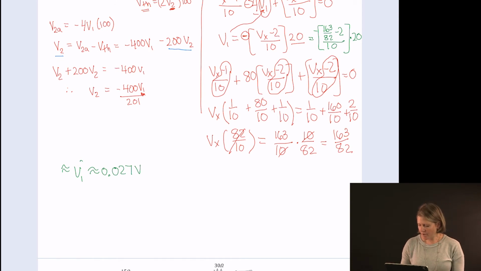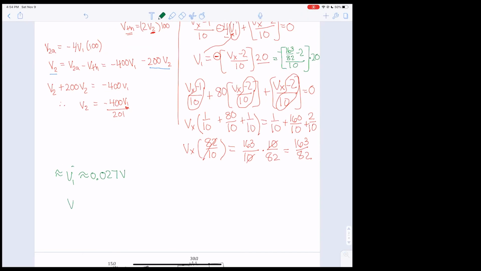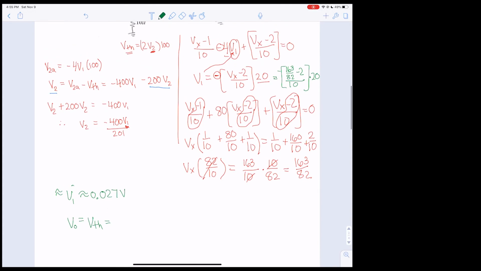So now that I have that, I can go backwards to get my VO, which is also VTH. So going back to the first equation, I had 2 times 100 times V2. And V2, I solved for a minus 400 over 201 times V1, which is now 0.027.